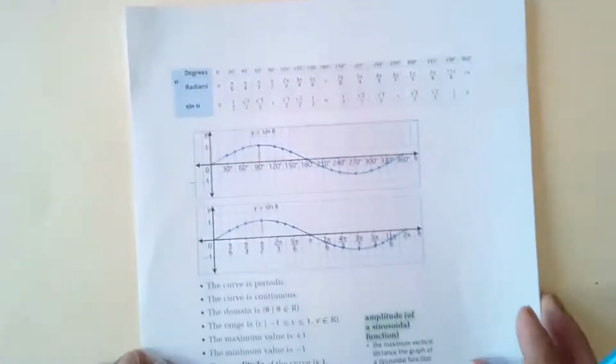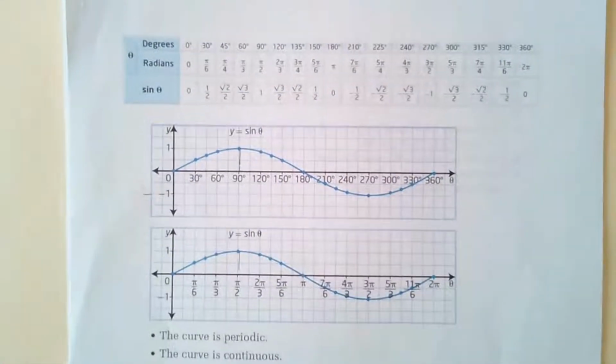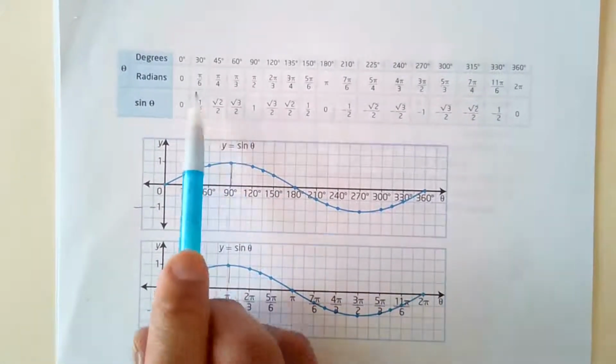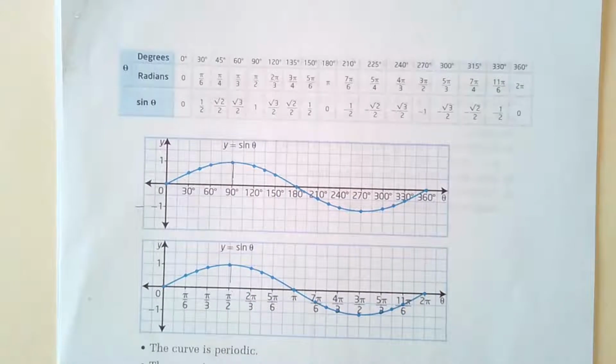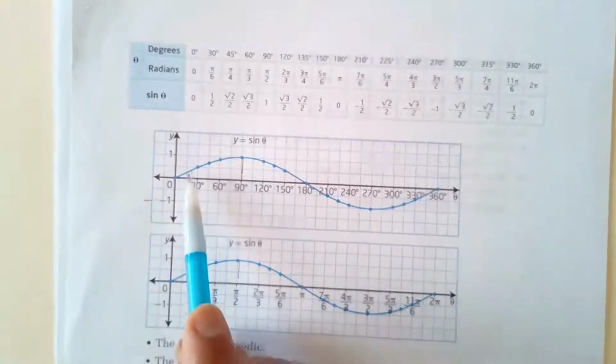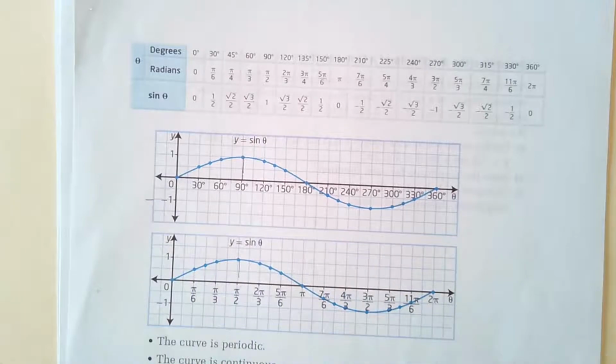In the previous lesson, we looked at sketching the sine function. If I pick all of the points on the unit circle for sine, and I'm more detailed, you end up with a cycle. This is in degrees and this is in radians.